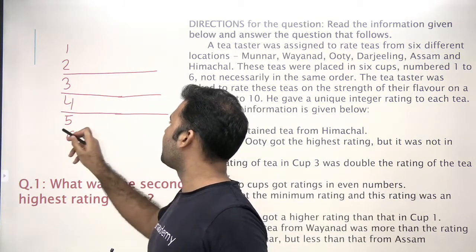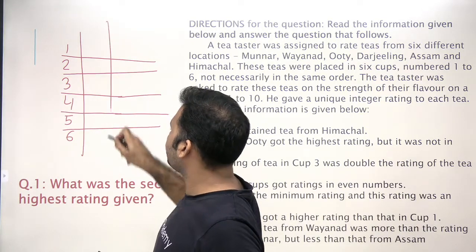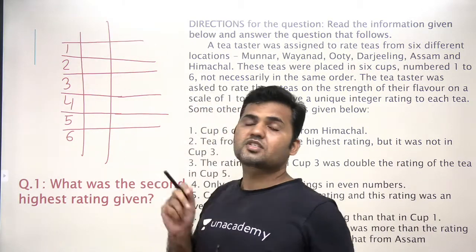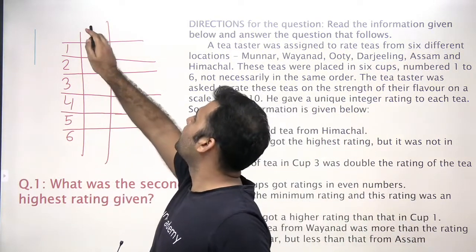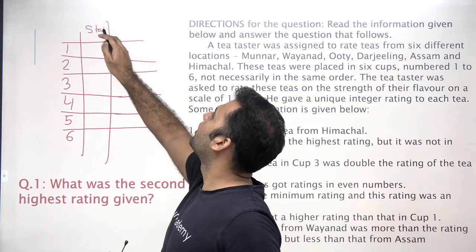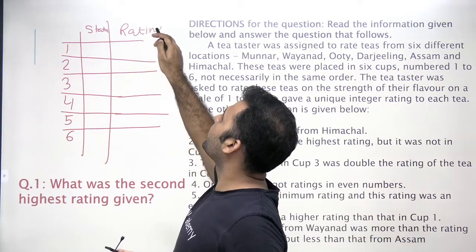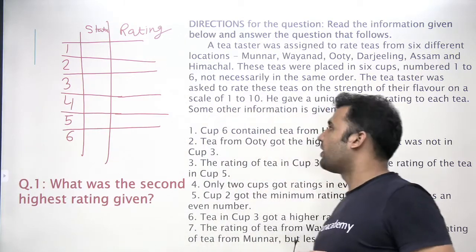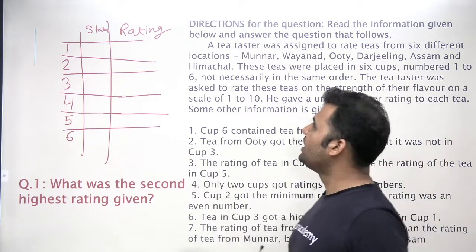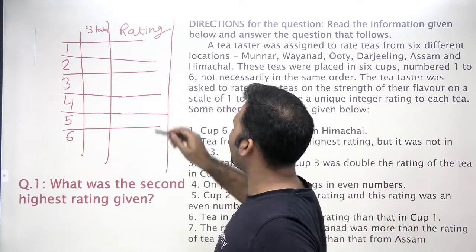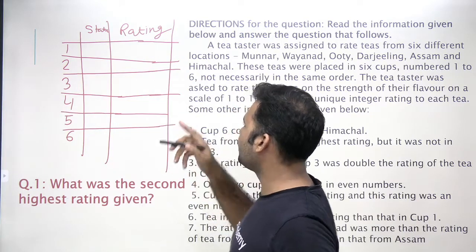We need to make a small table, telling us in which cup which state tea is present and what is the rating of that tea. So we are supposed to find out the state of the tea and the rating of the tea. These are the 2 variables that we are supposed to find out, and we have this information to complete the table. Do we need to complete the table? That depends on what type of information is available to us. So let's straight away start filling in the information in the table.